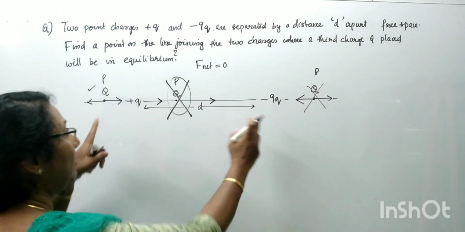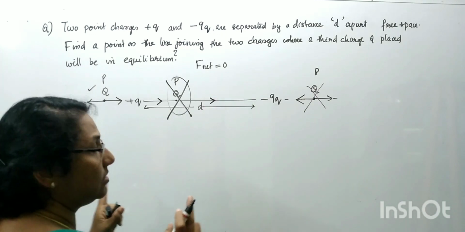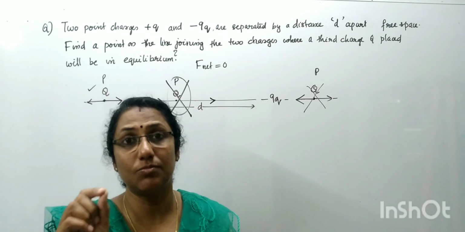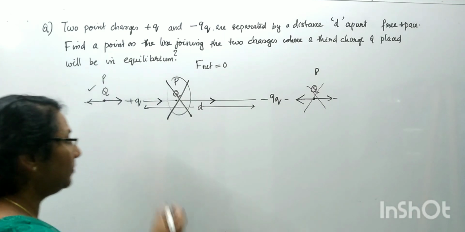That means if we take two unlike charges, equilibrium will always be obtained nearer to the smaller charge, outside.